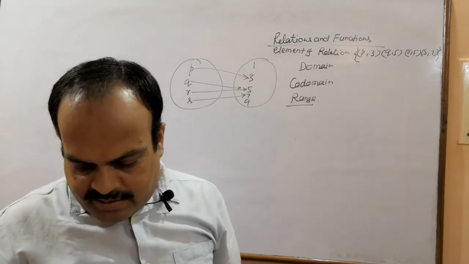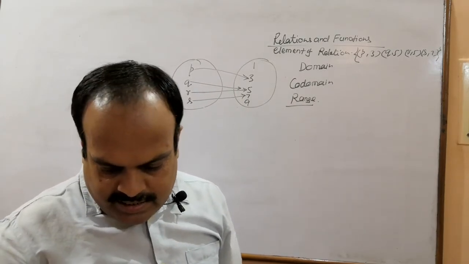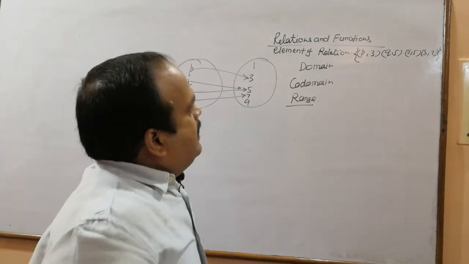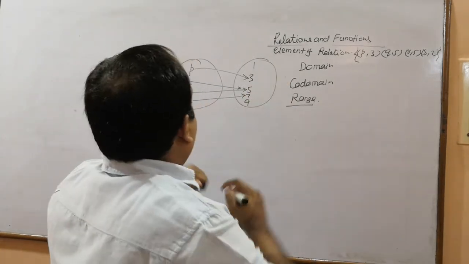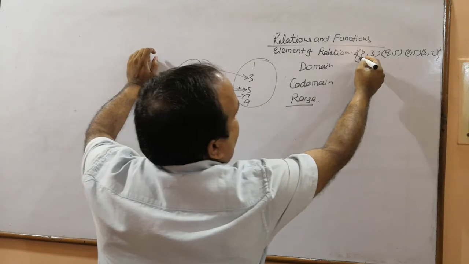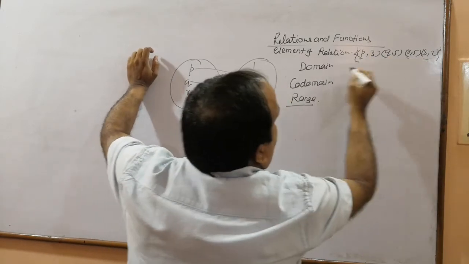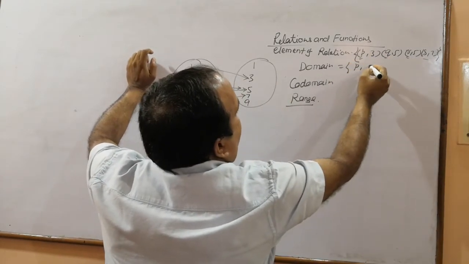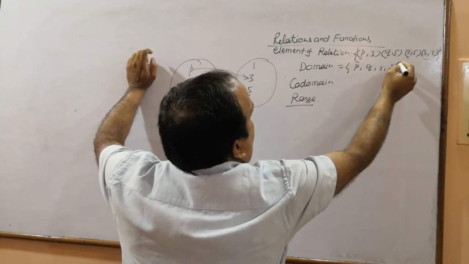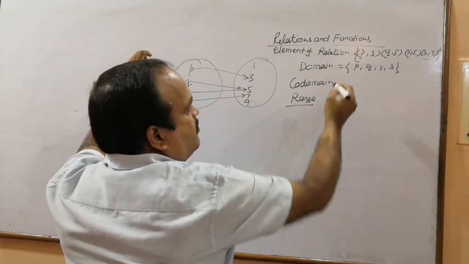Okay. Domain. The first entry is P, Q, R, and S.